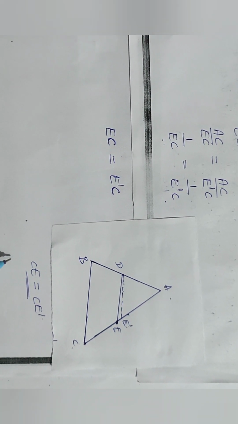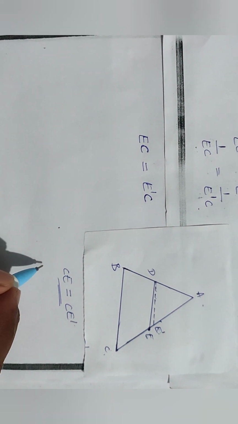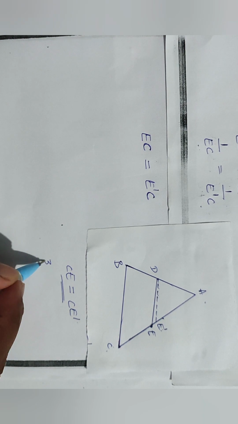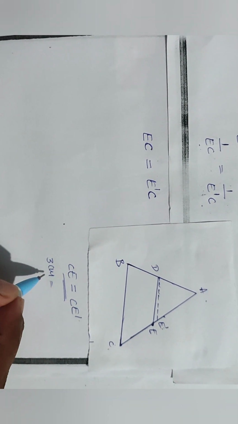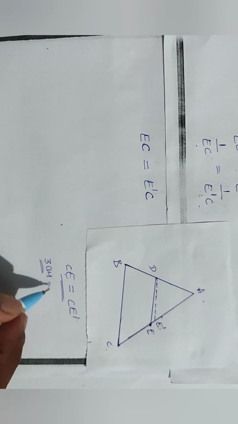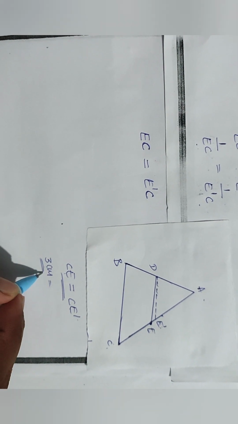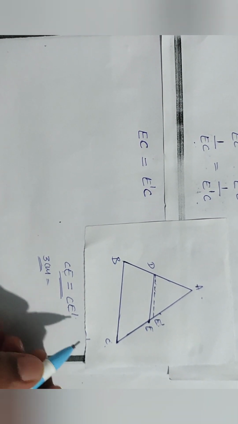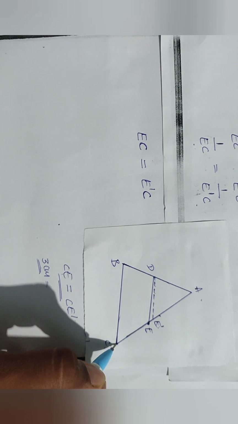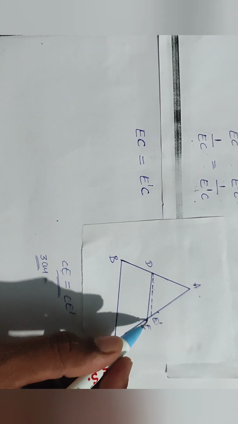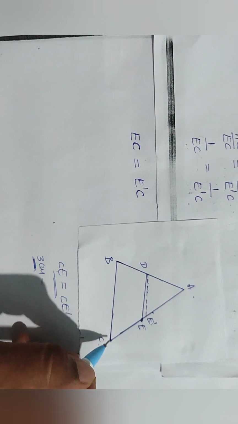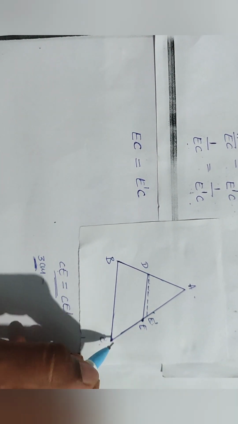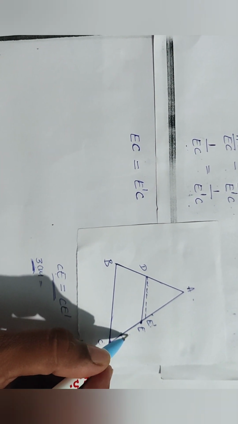If we consider CE as just 3 centimeter, CE dash will also become 3 centimeter. Observe the figure here. If you want to mark a point E from C for a distance of 3 centimeter, you move like this from C to E, and you get 3 centimeter.